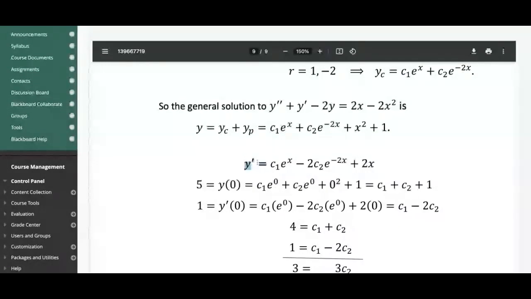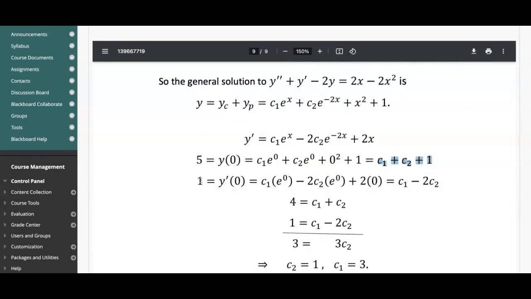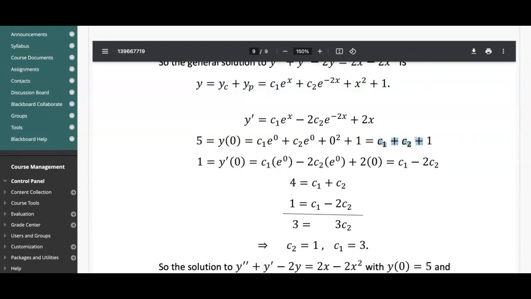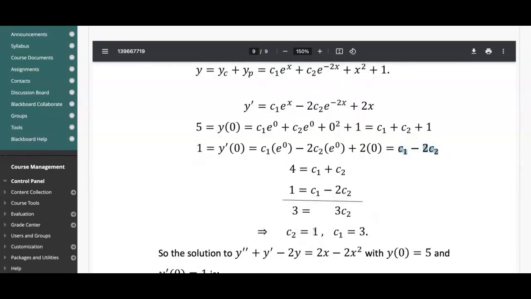Then take the first derivative. We get this. We plug in initial conditions. We have y of 0 equals 5. Plug in, we get C1 plus C2 plus 1 equals 5. Plug in the second initial condition for y prime, we get C1 minus 2C2 equals 1. So we have two variables with two equations, guaranteed solvable.